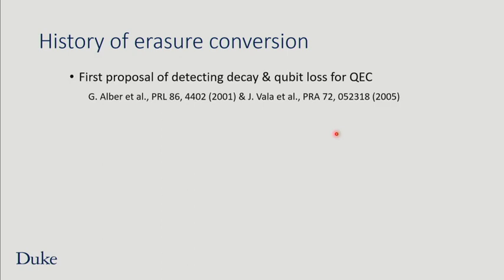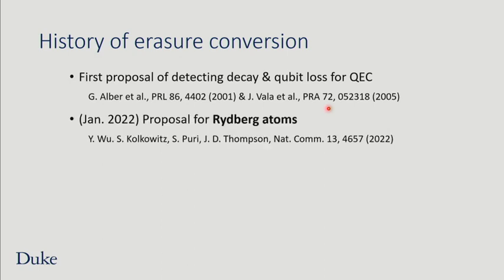I really find this history of erasure conversion fascinating, so I'll give you a brief review. If you go back in history, the first proposals of detecting decay and using it for QEC were in 2001 and 2005. But in recent days, we have all these exciting platforms. In January 2022, the proposal for Rydberg atoms came out.